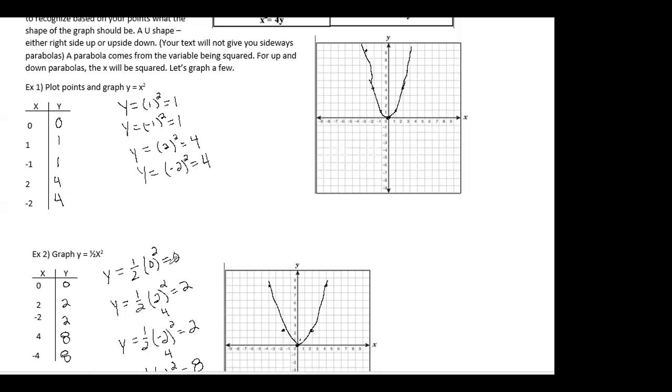So that 1/2 makes it a little bit fatter. So imagine if we had y equals 4x squared, that one will be really skinny versus even this one. So just to note, you can kind of start to look at the patterns. It's not required for this class, but it's something to note as you look at them. How did that change in the equation make the graph look different?